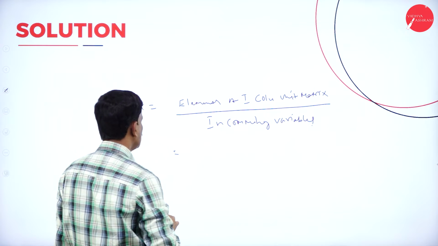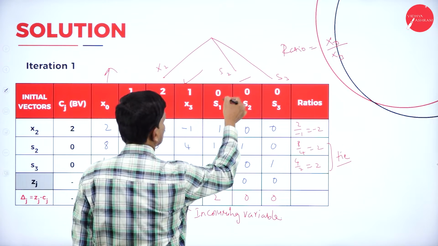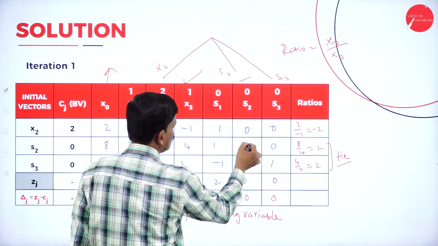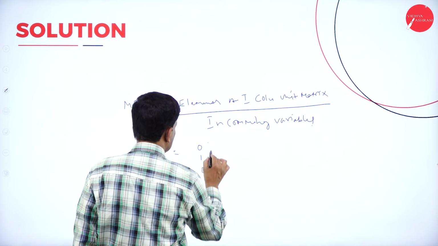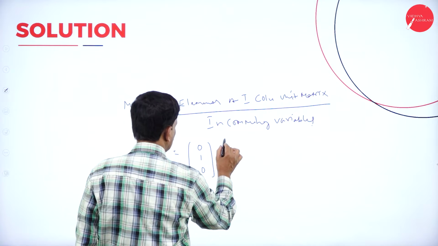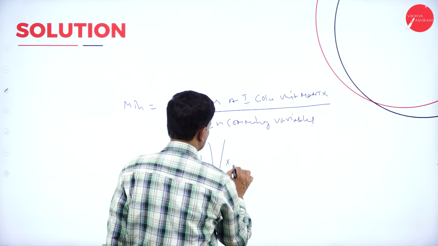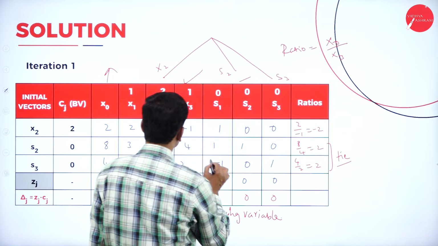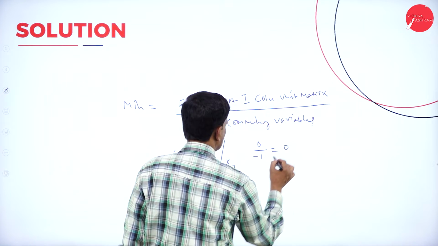Again, see here the elements of the unit matrix for S2, which is 0 1 0. These elements are divided by the incoming variable x3: 0 by minus 1 is equal to 0.